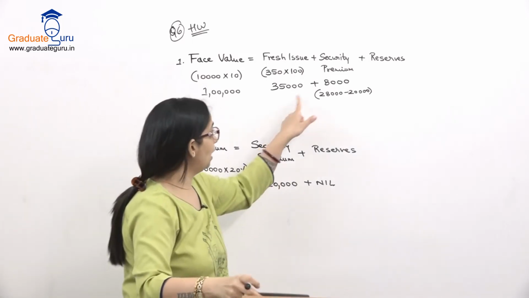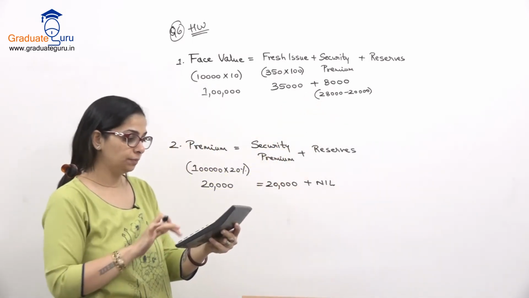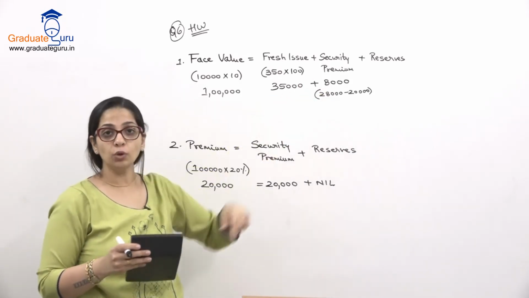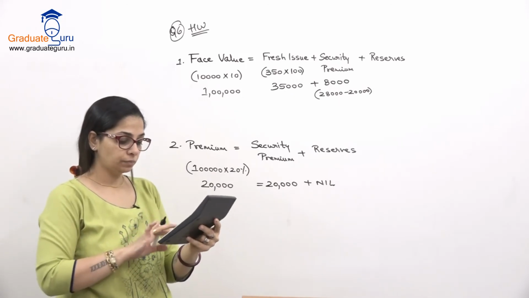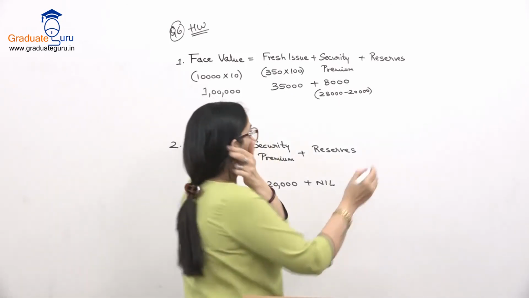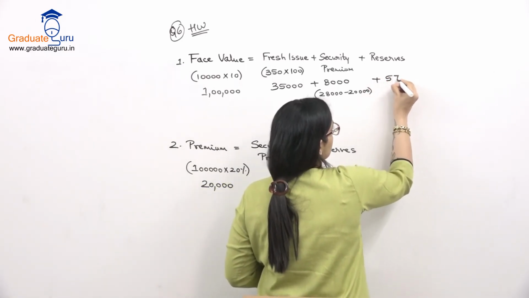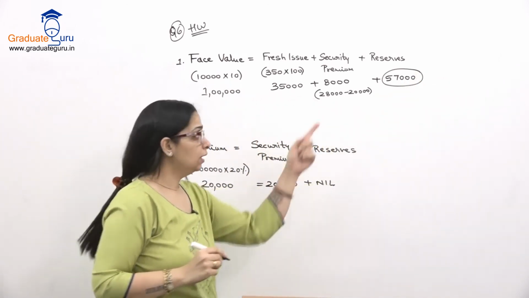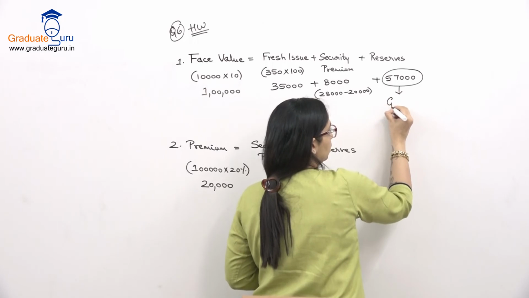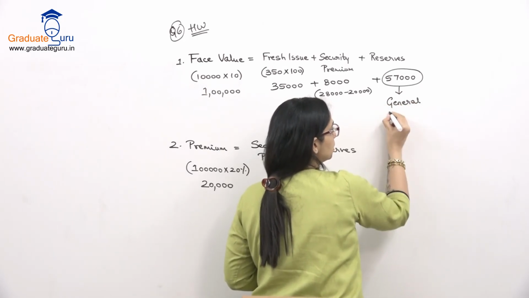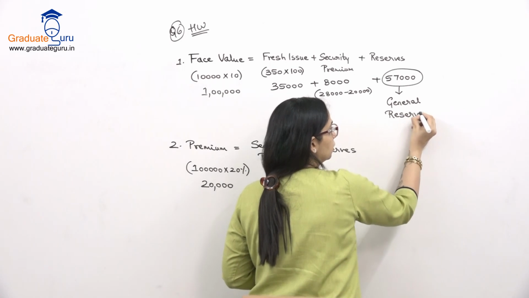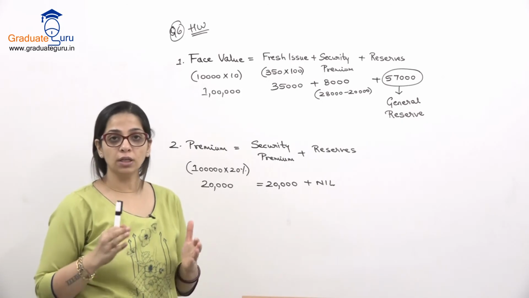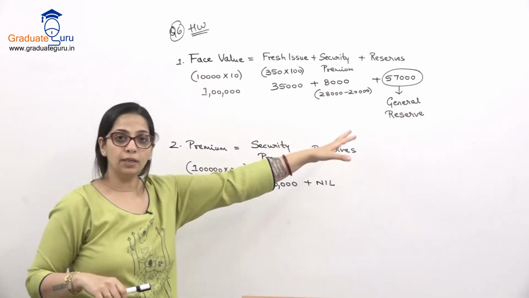Right? So now 35 plus 8, 43,000 I have. So बाकी का जो भी है I'll have to use from reserves, which is 57,000. So this is my balancing figure. इस बार ये दिया नहीं था directly. This is general reserve. जो उन्होंने बोला है sufficient balance in general reserve. This is that sufficient balance. So whatever amount we needed for the buyback, that is available in general reserve.